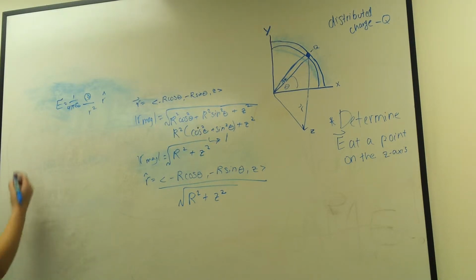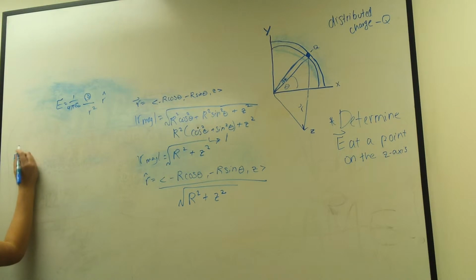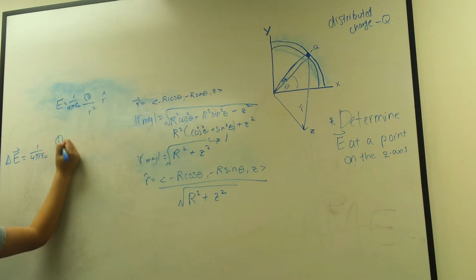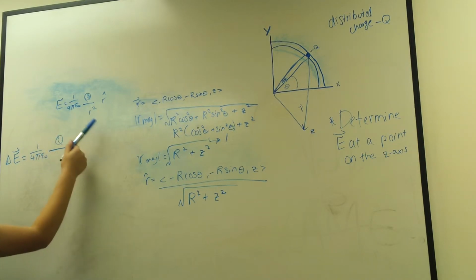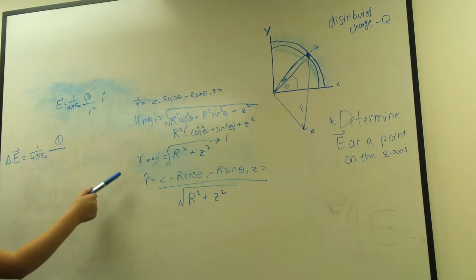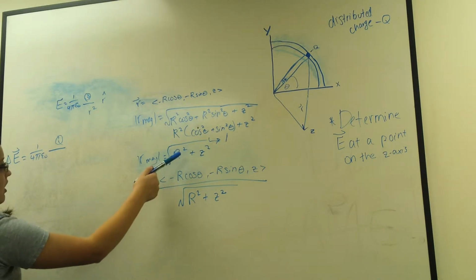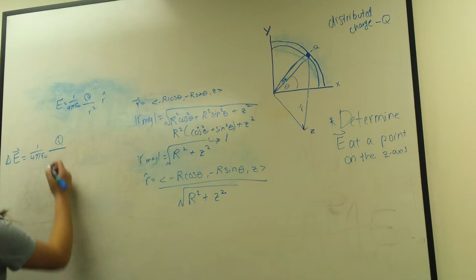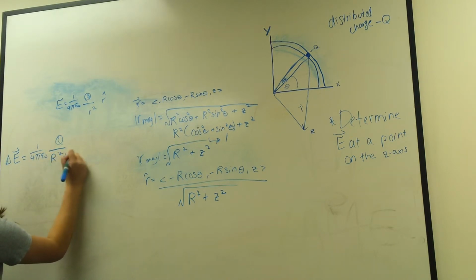Now we're just going to put everything into the formula. Delta E is going to equal 1 over 4 pi epsilon naught times Q over R squared, which is going to be the square root of R squared plus Z squared, squared, so that eliminates the square root, leaving us with R squared plus Z squared.